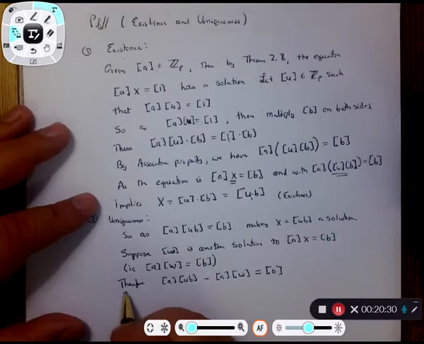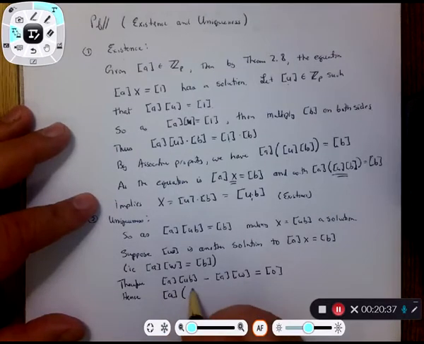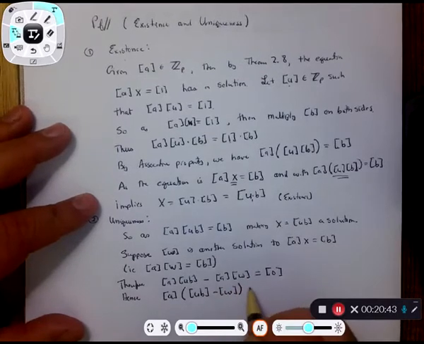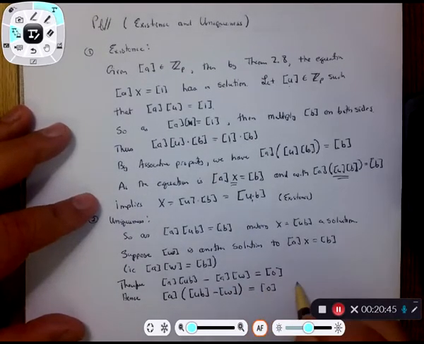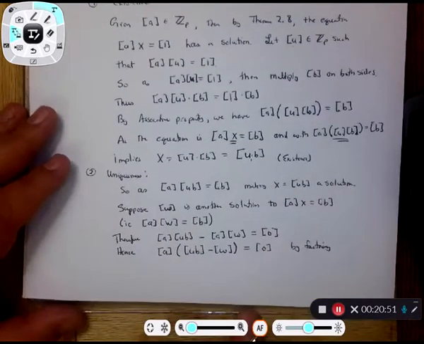Hence, equivalence class A times (equivalence class UB minus equivalence class W) equals 0, and this is by factoring. Also, if you wanted to be fancy about it, factoring is actually the distributive property.